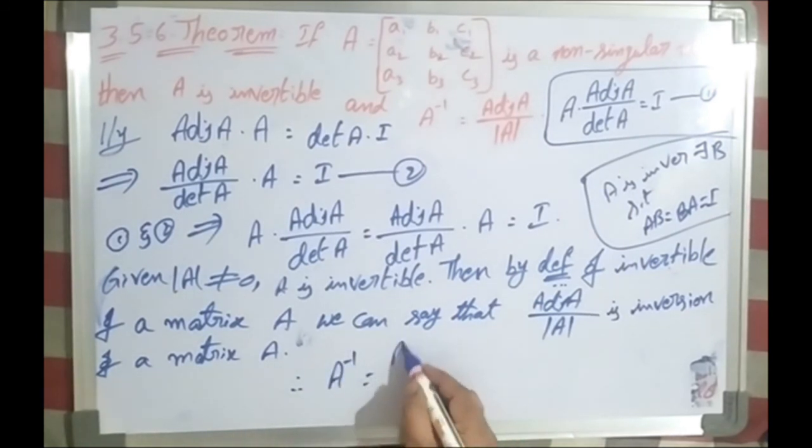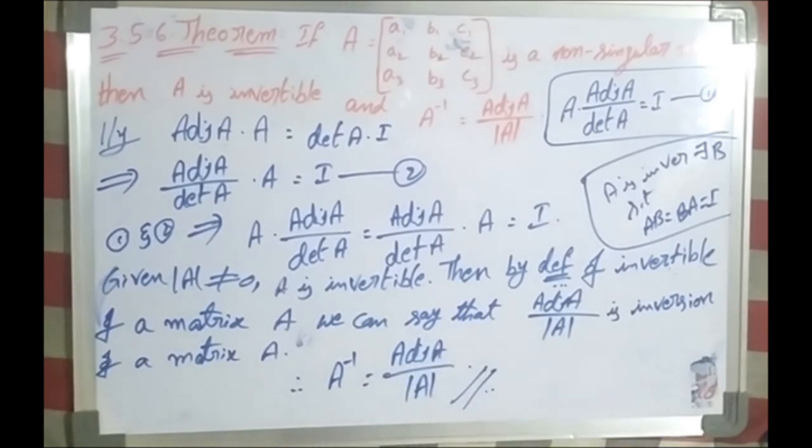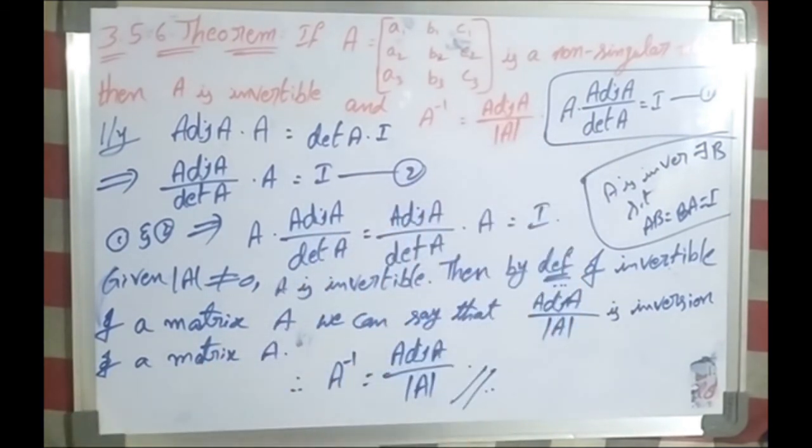A inverse equal to adjoint of A by det A. This is the proof of the theorem. We have to show A inverse equal to adjoint of A by det A value.